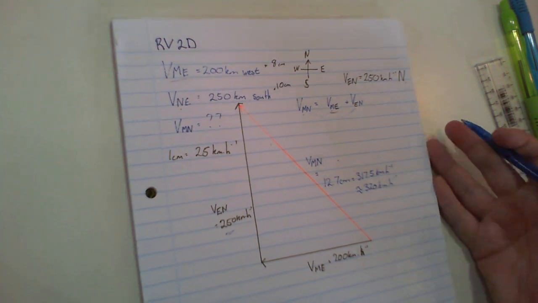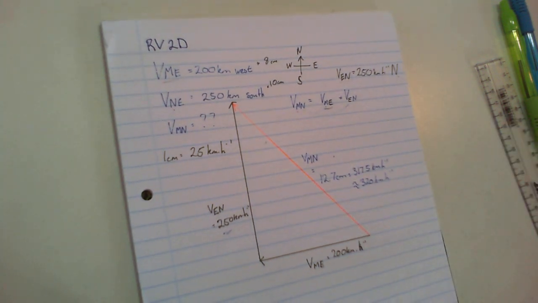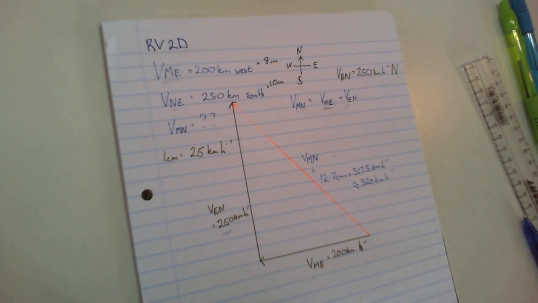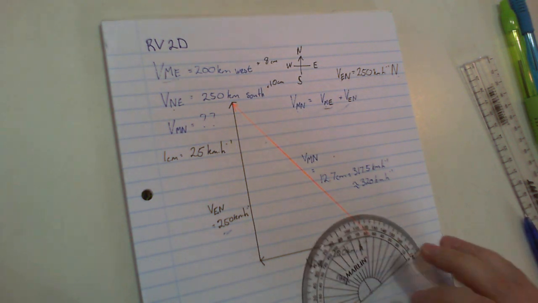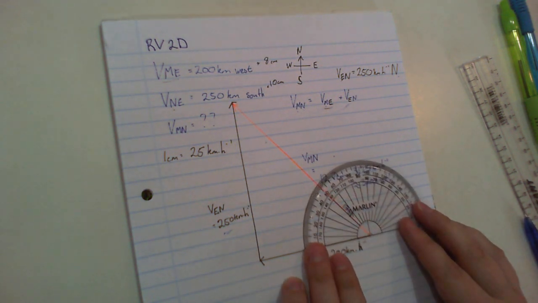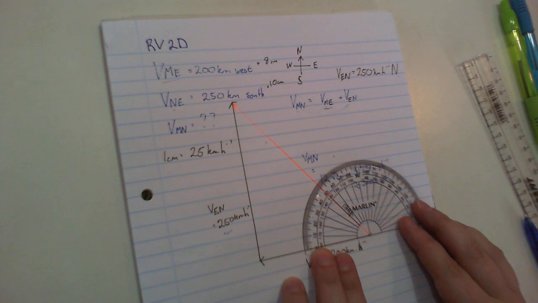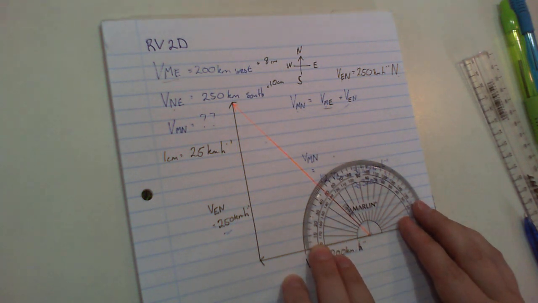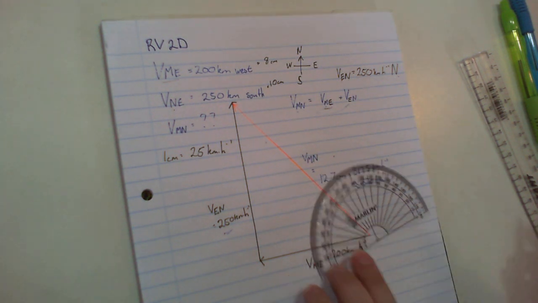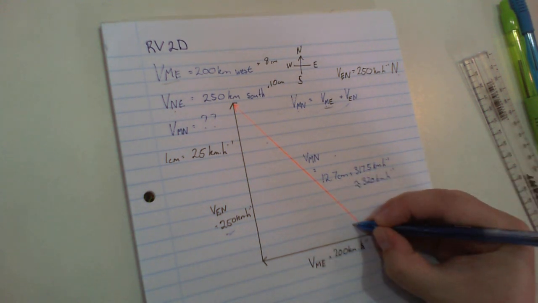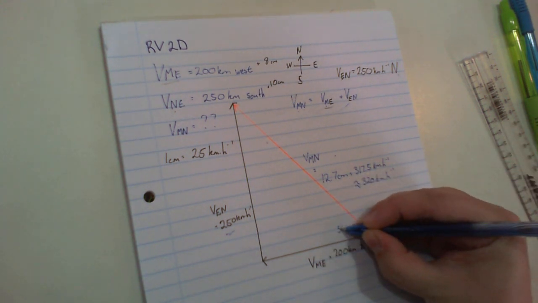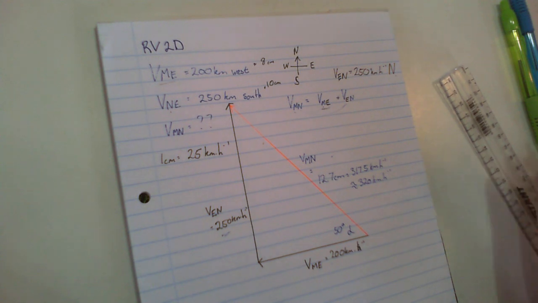Are we finished? No, of course not. We need our direction. Now that's what our protractor does. Of course your accuracy will depend on your drawing. So to me that looks like 50 degrees, this angle here. 50 degrees what?